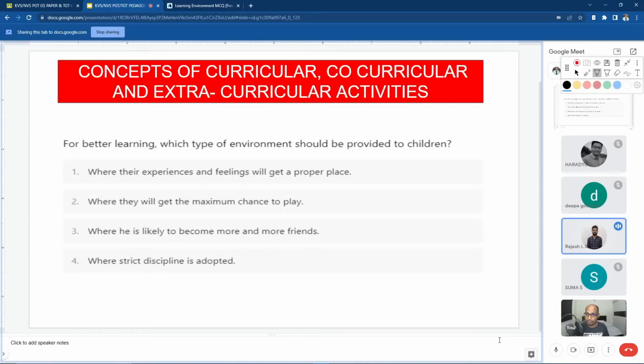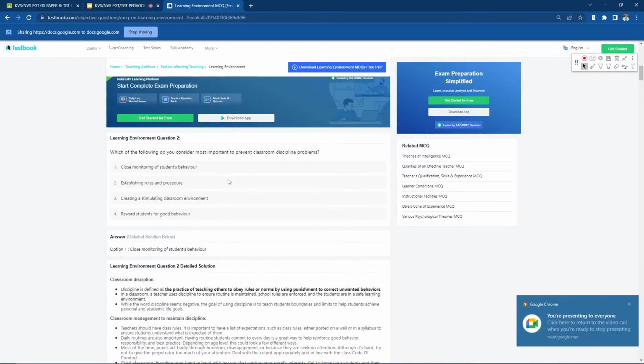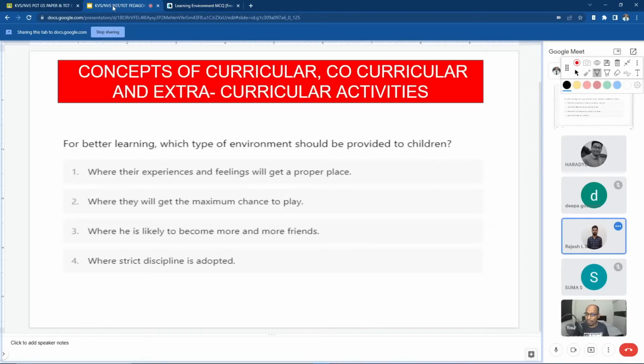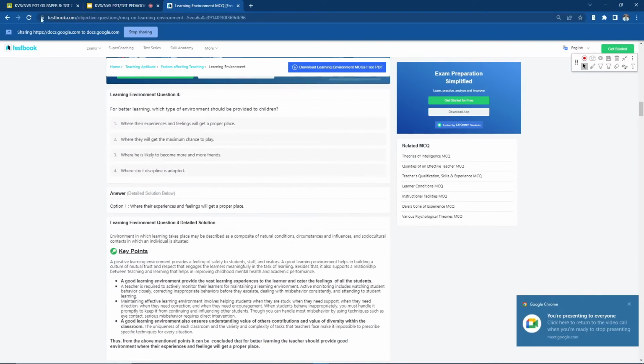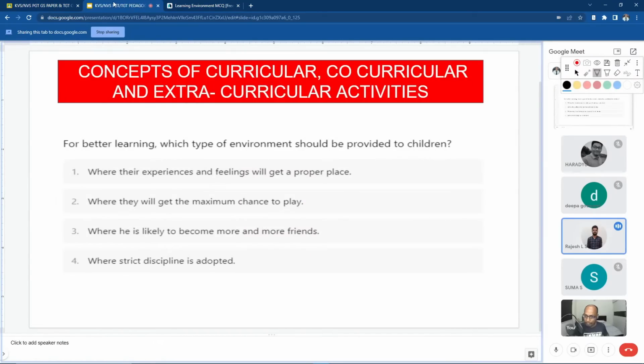For better learning, which type of environment should be provided to children? Where their experiences and feelings will get a proper place, where they will get a maximum chance to play, where he is like to become more and more friends, where strict discipline is adapted. I prepared the question paper, but I failed to mark answers, so let me check again.